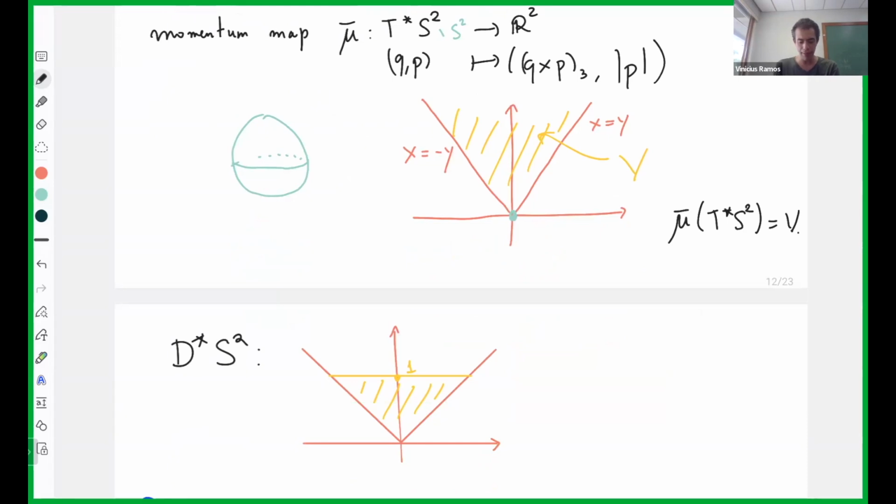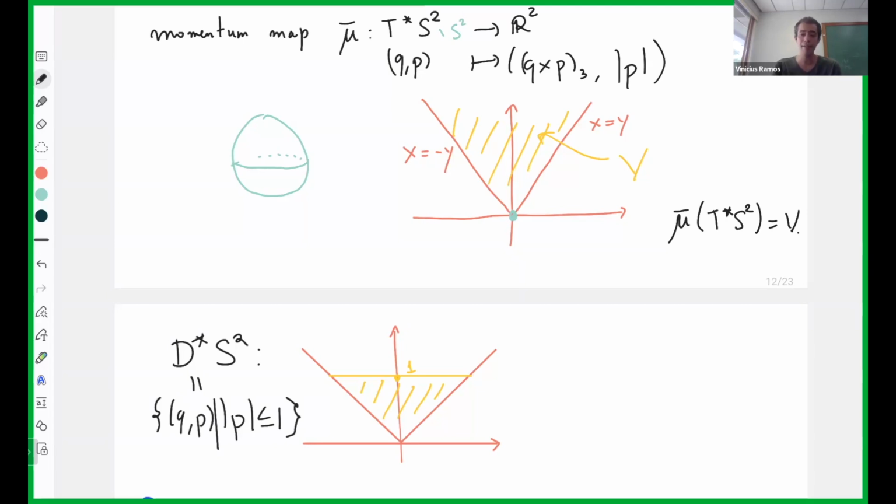This is the set of points (Q, P) where the norm of P is less than 1. So the picture is exactly this. Now we have this picture, we can play the same game as with the definition of a toric domain.